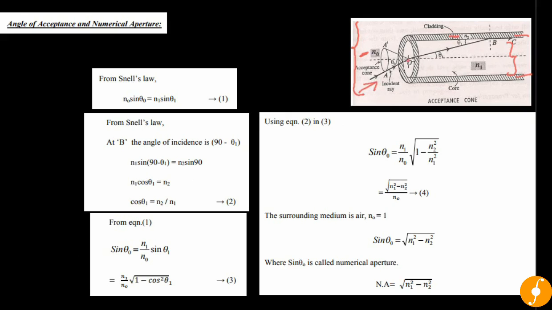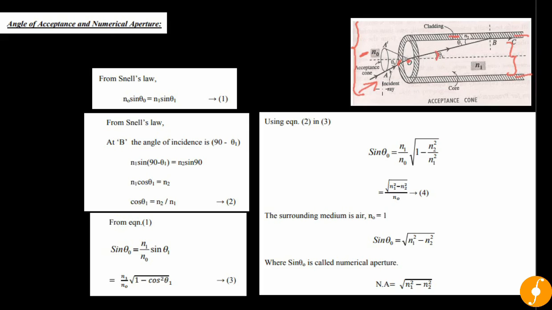So this is the point of incidence, and because the light ray is traveling from air to glass, it will undergo refraction first and it will bend towards the normal.